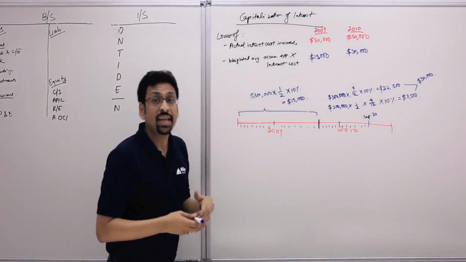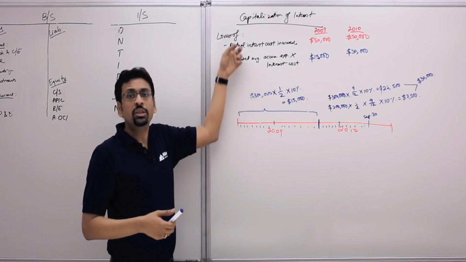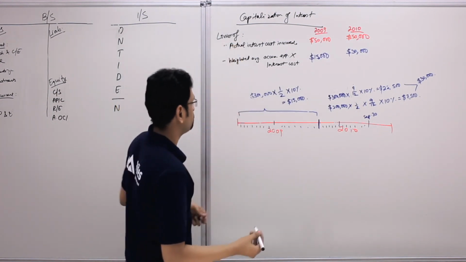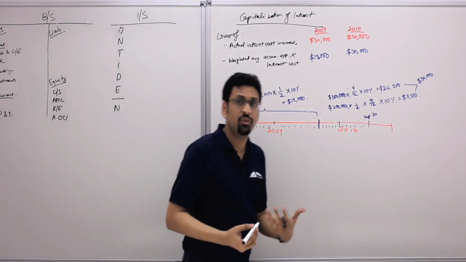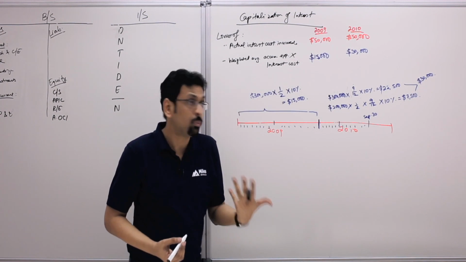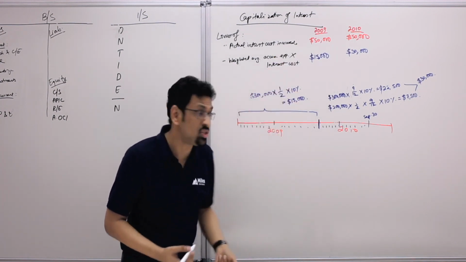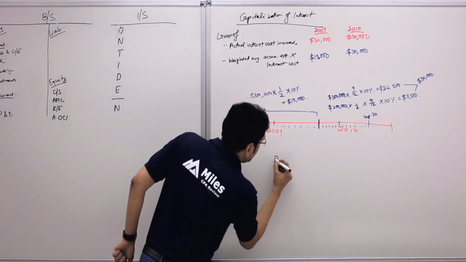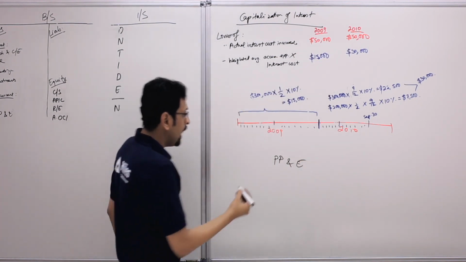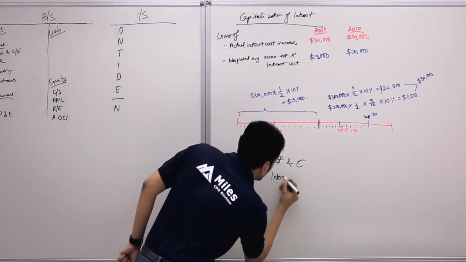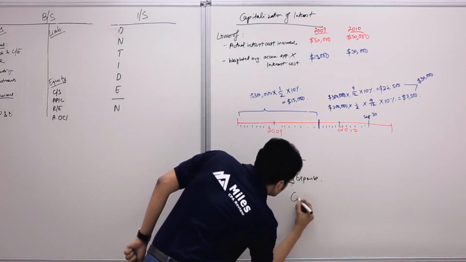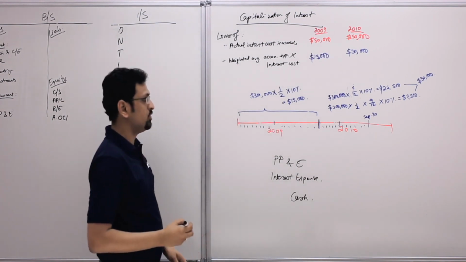Now, we will capitalize the lower of these two. In the journal entry, we capitalize the interest cost incurred during construction to P, P and E, and the balance goes into interest expense, and cash goes out for the entire amount of interest incurred.